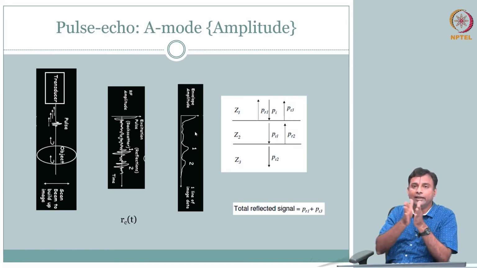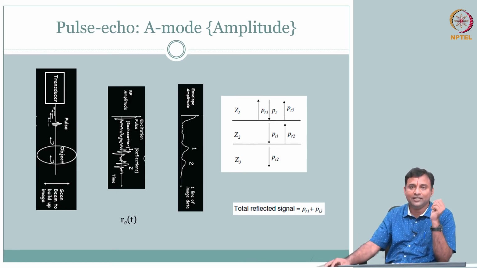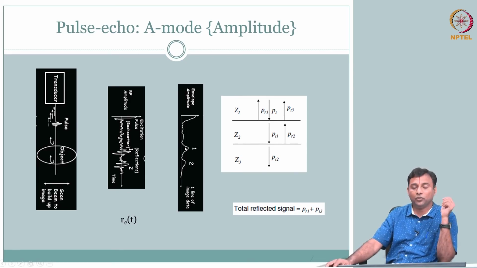The retina is slightly detached, so there is a different material, and the acoustic impedance mismatch will be huge. So you will get an echo. Sitting outside, I can detect if there is a detachment, because I know I am going to get a strong echo from there. So it can be used in that regard.